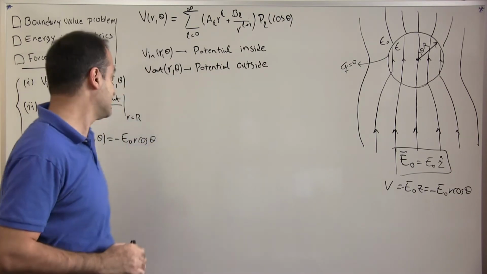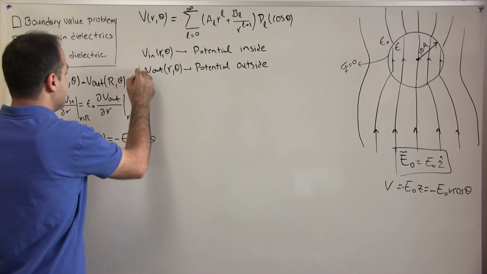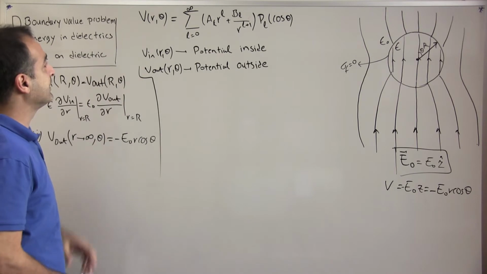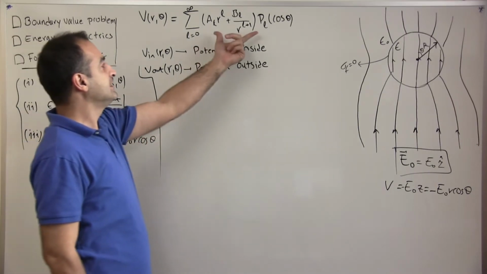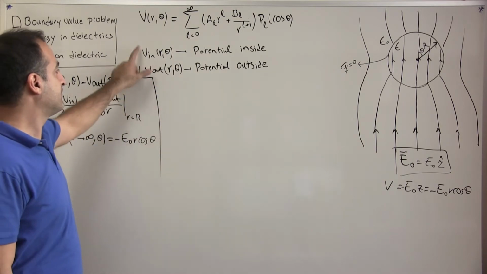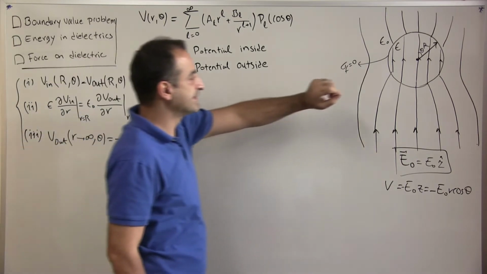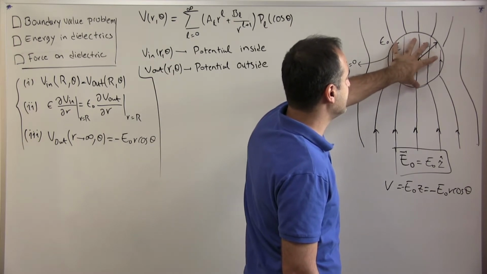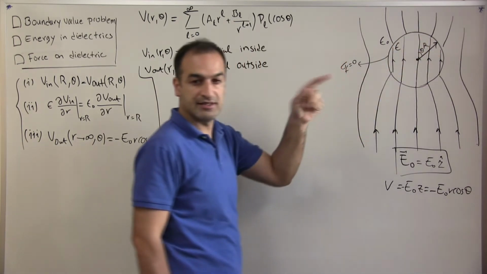All right, so let's now move on. Let's see what kind of form V in and what kind of form V out can have. This is the general solution. V in is the part of the potential that is around R equals 0. The origin is here, and V in describes the potential inside that sphere.